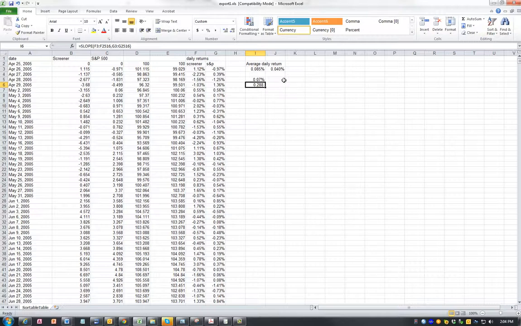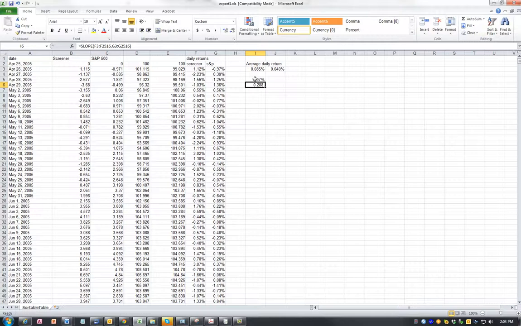Now this again is one of the issues with using daily returns here. When you use daily returns, you end up with a lot of noise in the return series.